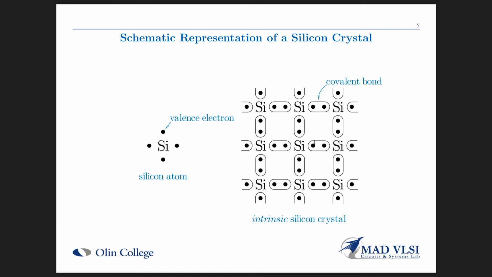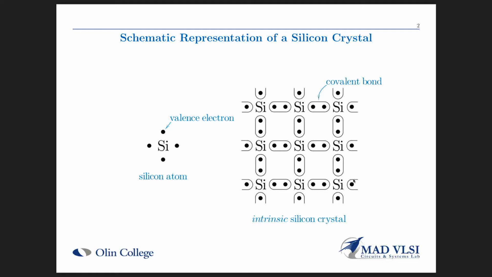What we're showing here is a flattened representation of it, where each silicon atom is sharing one of its 4 valence electrons with a neighboring silicon atom, and they participate in these 4 covalent bonds, gluing these silicon atoms together to form a crystal. And this type of pure silicon crystal is called an intrinsic silicon crystal.